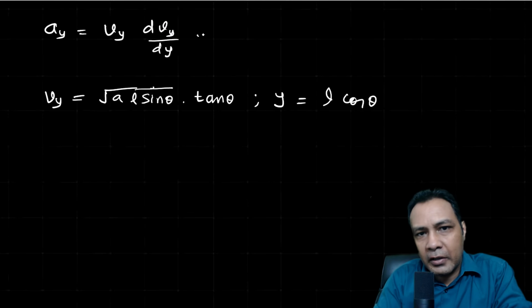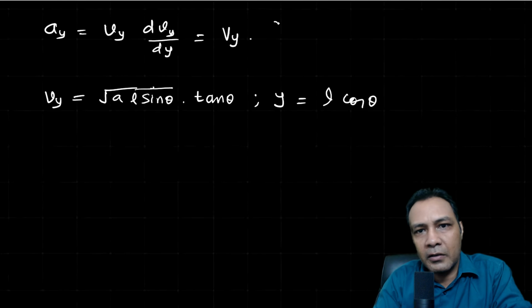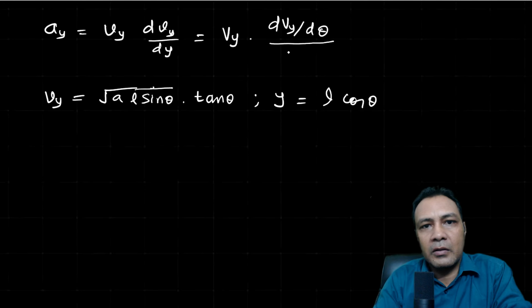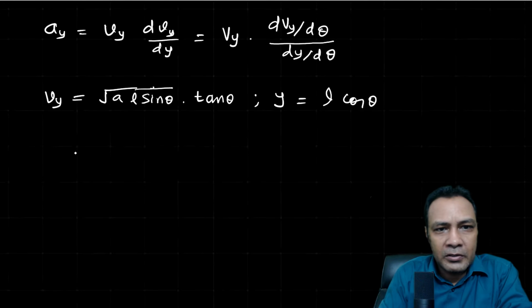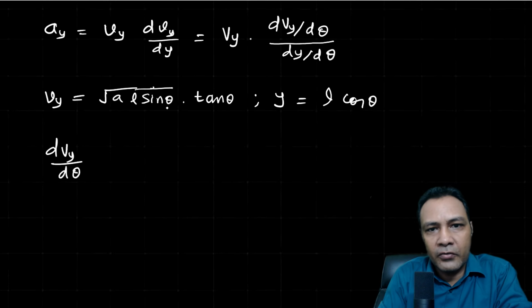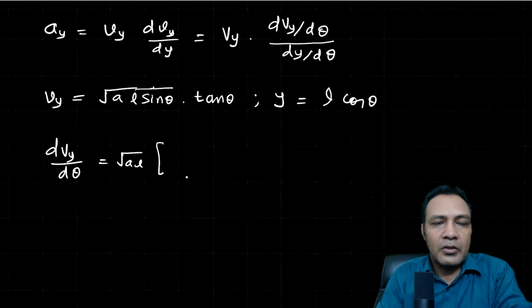And this I can write as Vy, dVy by d theta, and dy by d theta. First let me calculate dVy by d theta. So differentiate this whole thing with respect to theta. Take the square root of AL outside and use the product rule.